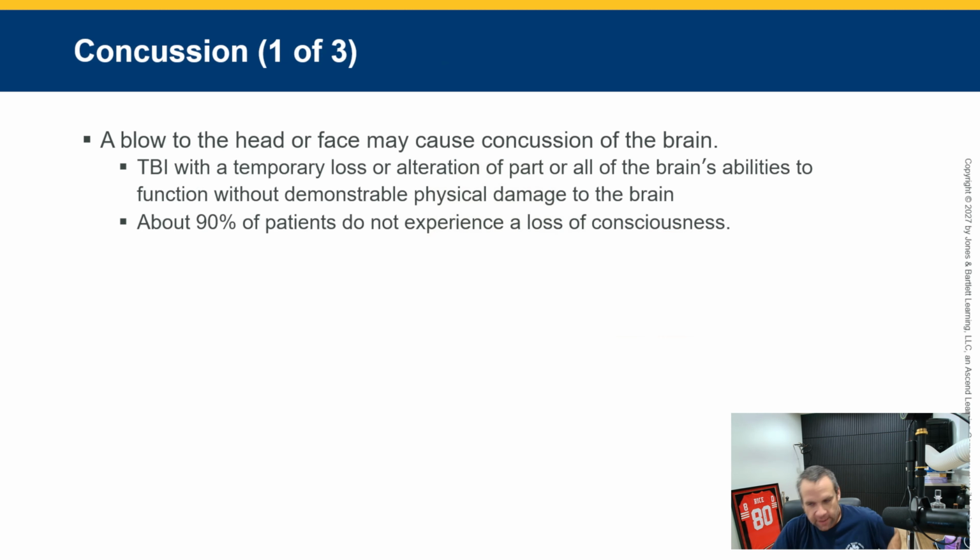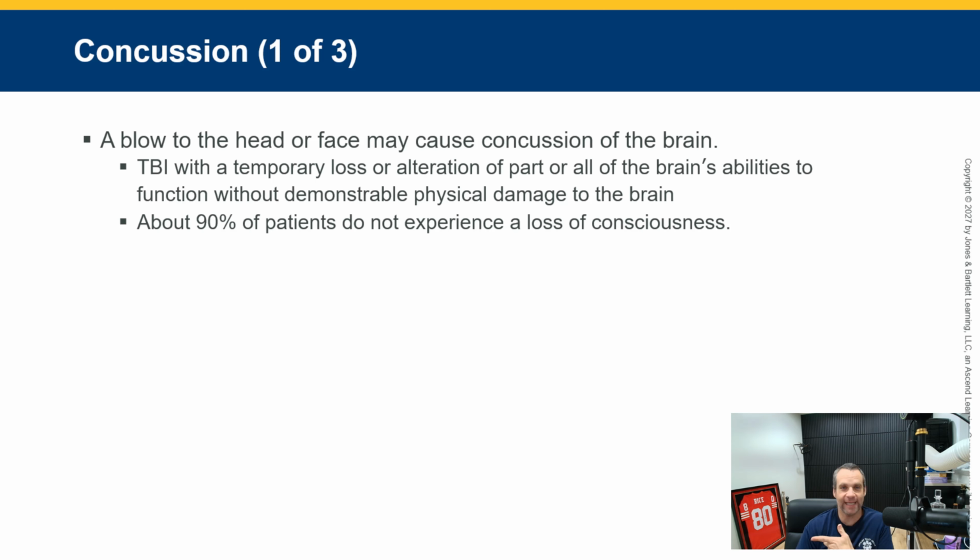Concussions. So a concussion is classified again as a mild traumatic brain injury. Okay, typically will follow a blow to the head, but again, it can also be caused by that sudden movement that just causes the brain to shift inside the skull. A concussion is just a temporary disruption in how the brain actually functions.